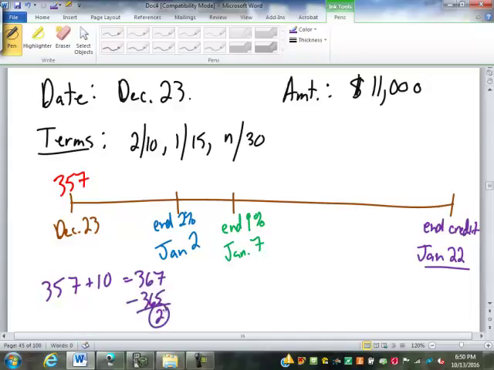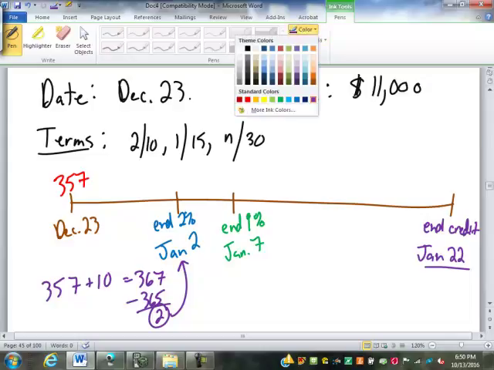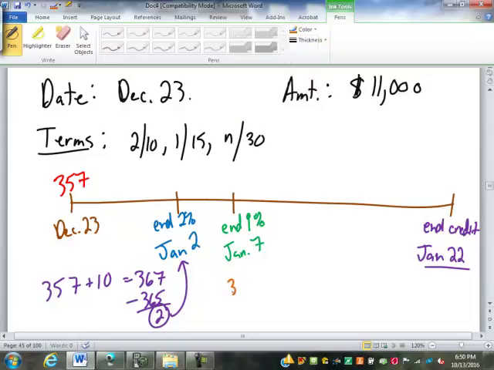That puts me at 2. That is January 2nd. I could do the same for this one. 357 plus 15 is 372 minus 365. Puts me at 7. That's January 7th. And so on. So even though we're going over 365, we just subtract out a year to get our date.